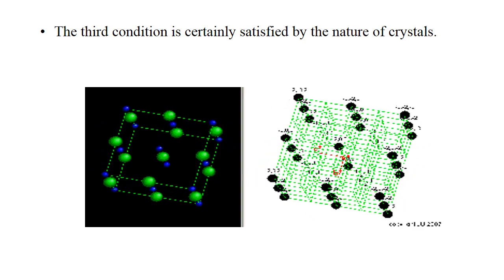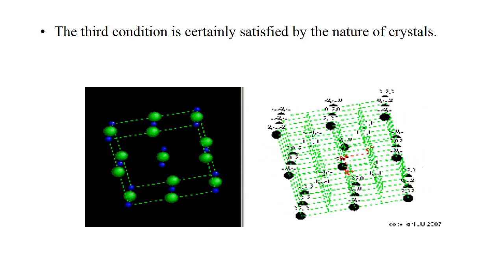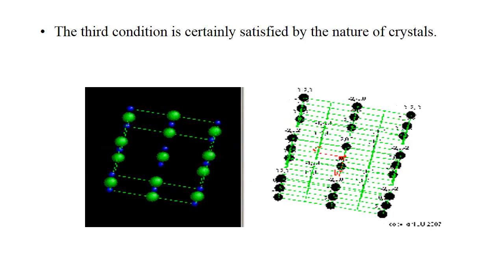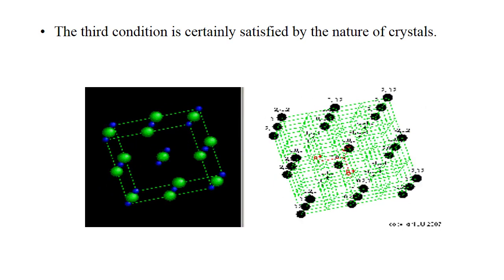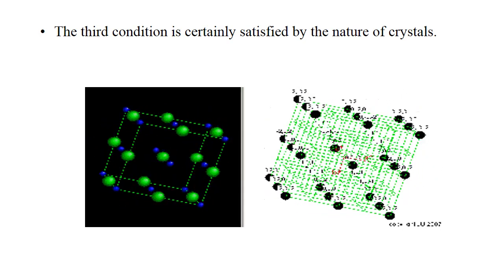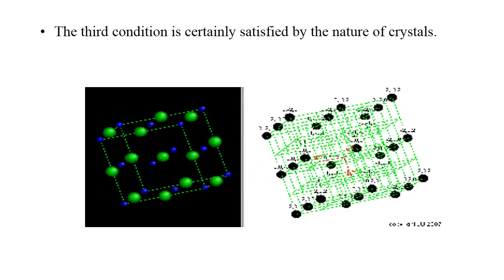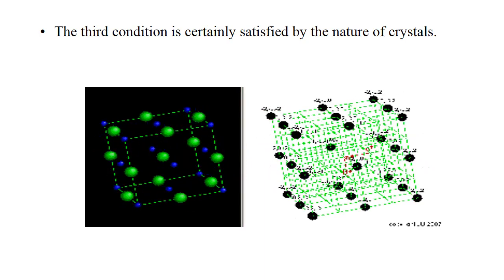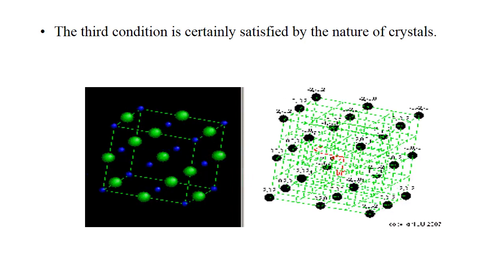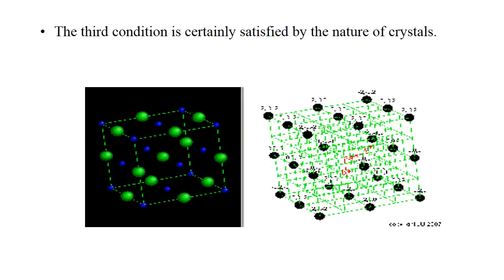You can see here on the screen, this is the atomic structure. It is the regular arrangement of the atoms or particles in the crystal. You can see from the left side the green, which is large in size, showing in the center of the crystal, and the other particles regularly arranged.